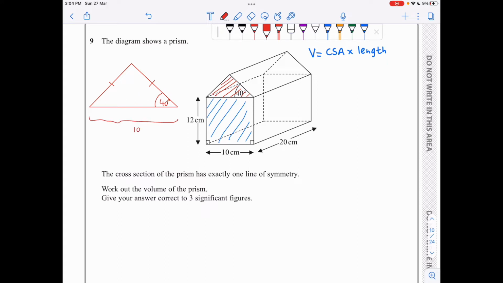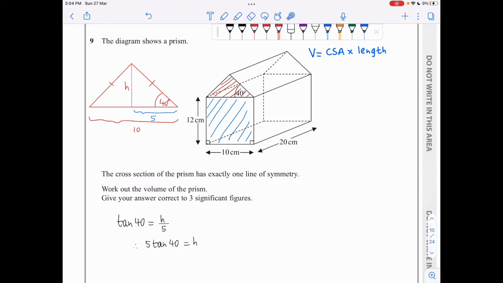So if I drop the perpendicular here, I could call this h, and this will be 5. Now, tan of 40 is h over 5, and therefore 5 tan 40 is h, that's the height of the triangle.